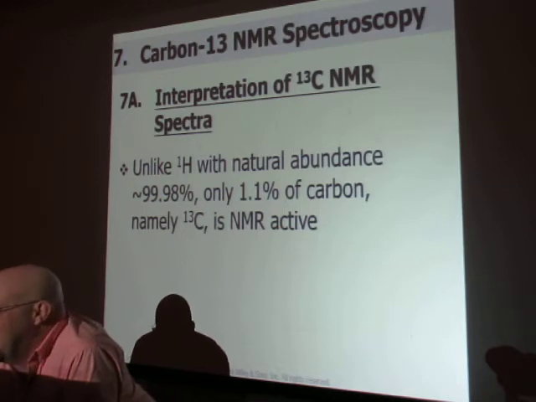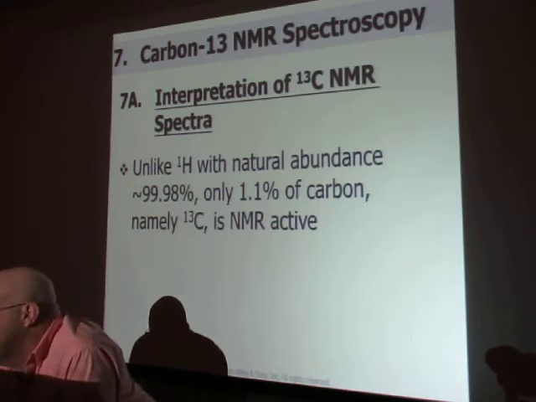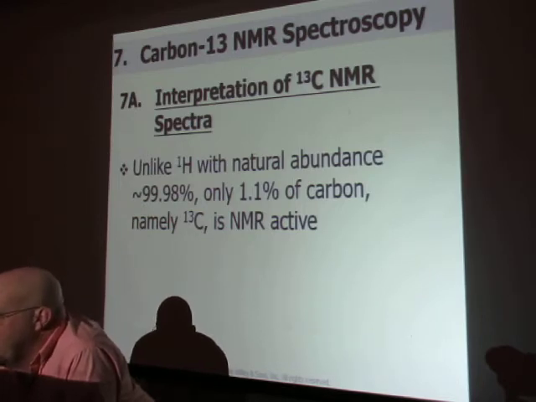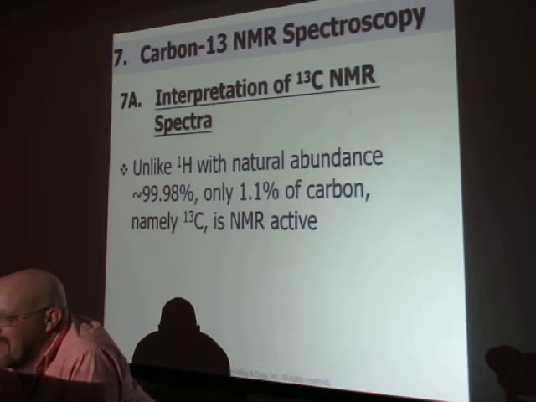So to get the same pretty spectrum like you did for proton, where you take one scan and you get a good spectrum, for carbon, to get that same signal to noise and everything, you'd have to take 6,000 scans just to equal that.